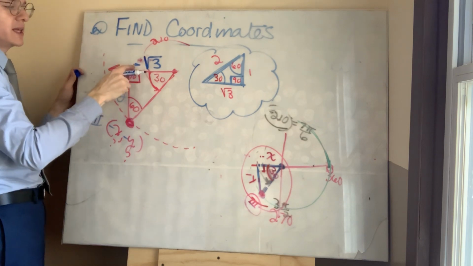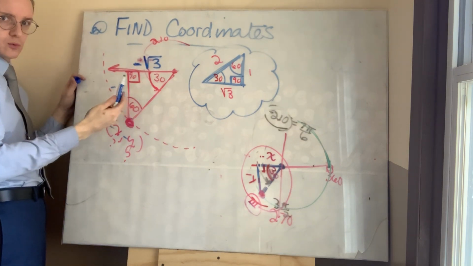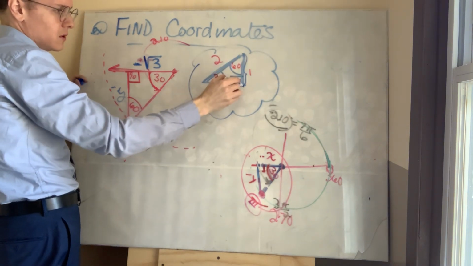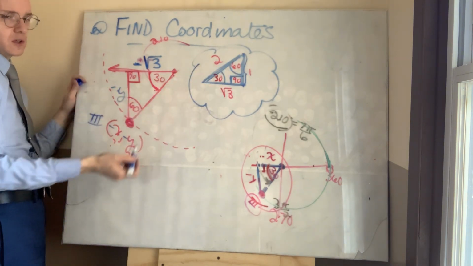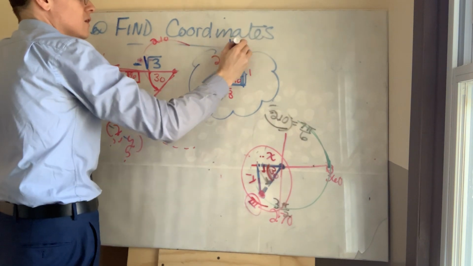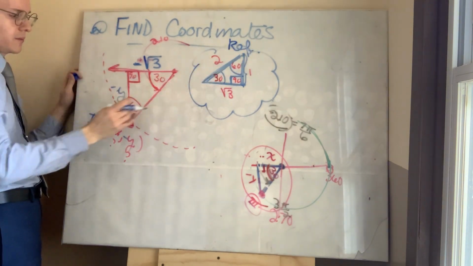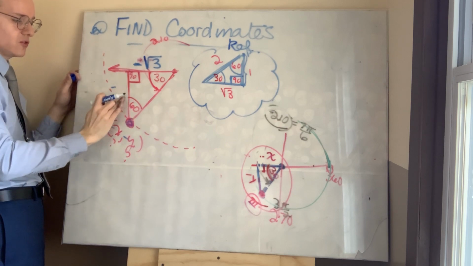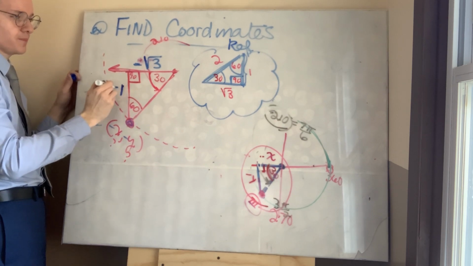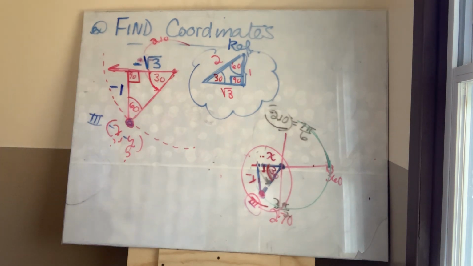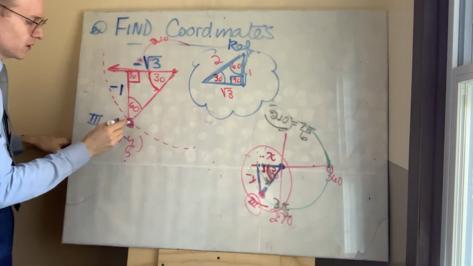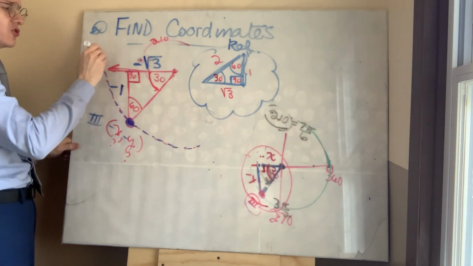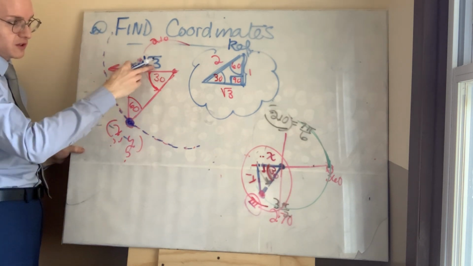It will just have to be negative because of where it is in relation to the axes. What is adjacent to 60 in our reference is 1. But because it is now part of this triangle pointing down into the third quadrant, this will be negative 1. So, what are the coordinates of this particular point that is in theory part of the edge of the circle? It's these dimensions.